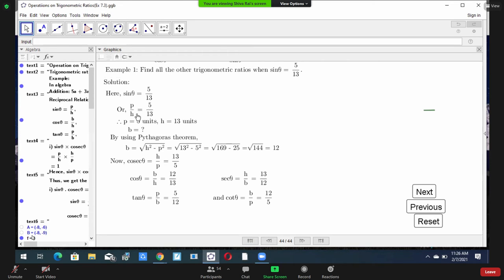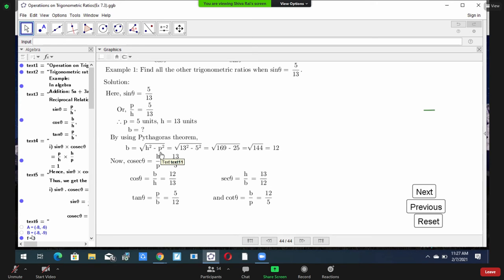From these trigonometric ratios we got perpendicular and hypotenuse, but we also need B to find the other trigonometric ratios. So first we have to calculate B. You know the Pythagoras theorem: B equal to under root S square minus P square.